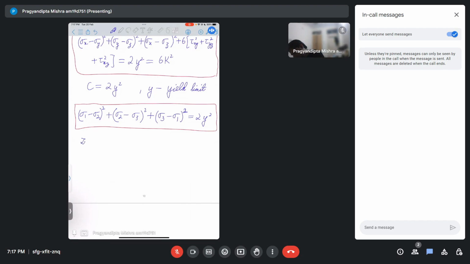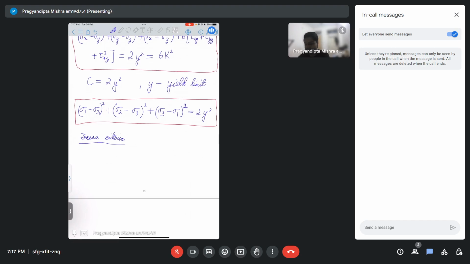So your Tresca criteria. Now this is far simpler compared to von Mises. This is also known as the maximum shear stress criteria.